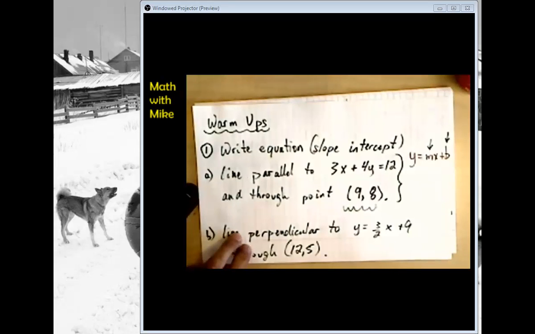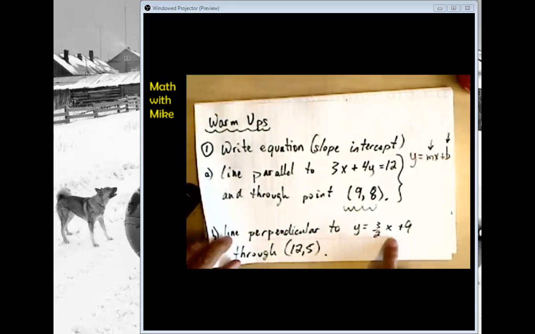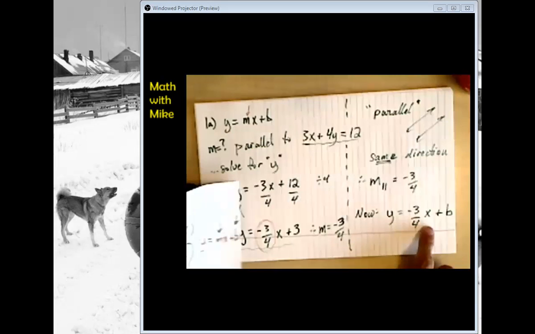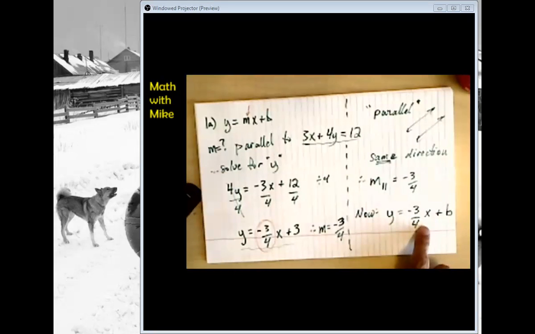Put y for the 8 and this for the 9. Yep, not bad. Now, it doesn't go in this exact one here. It goes in the one that we're making. Okay.